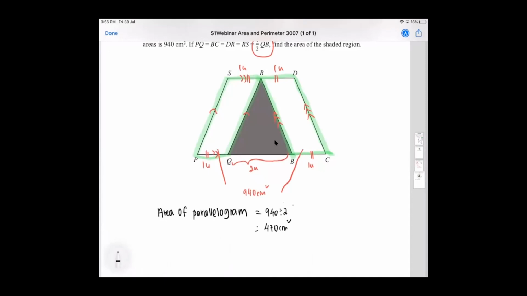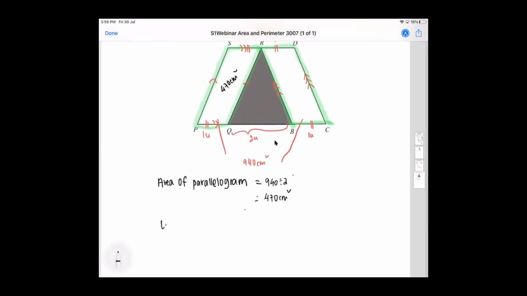This parallelogram's area is base times height. Since both are identical, I just take the parallelogram PQRS. The base would be PQ, or SR. Then the height would be the common height that is shared with the triangle.